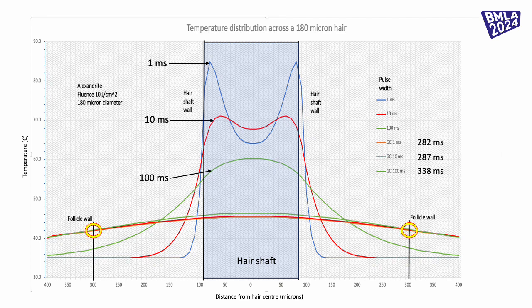But the temperatures at the follicle walls where the germ cells reside are almost identical for all three pulse widths. So it seems that for the same fluence but three different pulse widths, the temperature time history at the follicle wall is virtually identical.